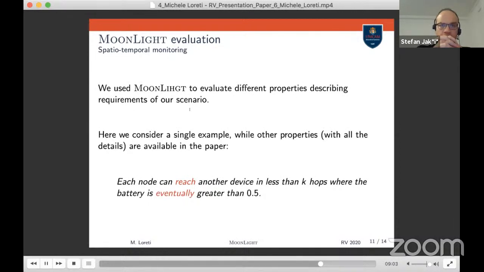In this case, for instance, we can check if each node can reach another device in less than k hops, where the battery is eventually greater than 0.5. These properties, if satisfied, guarantee that a message can travel in the network at distance k without any problem, since the battery is over a given threshold.